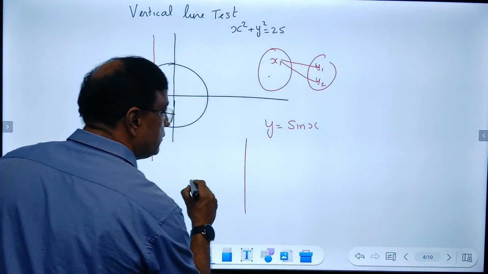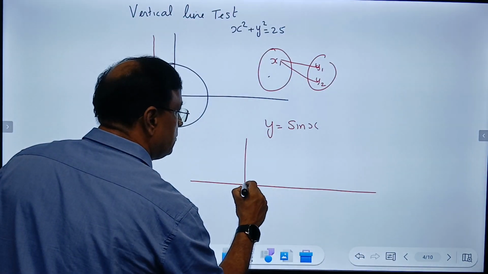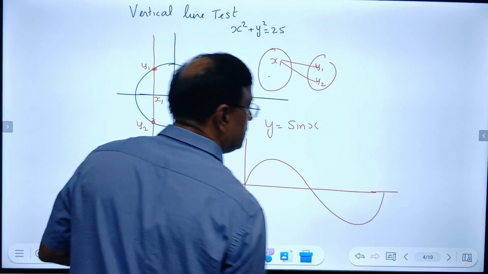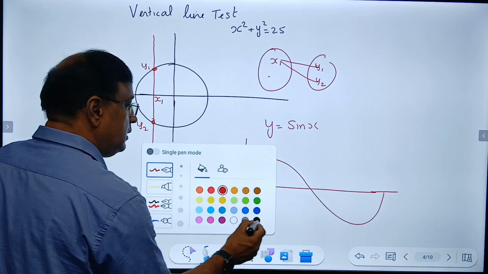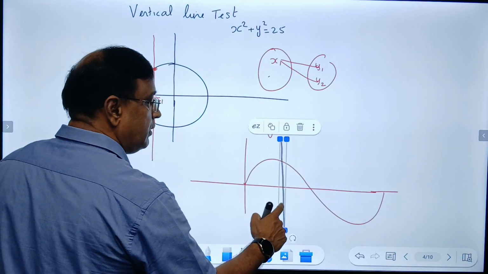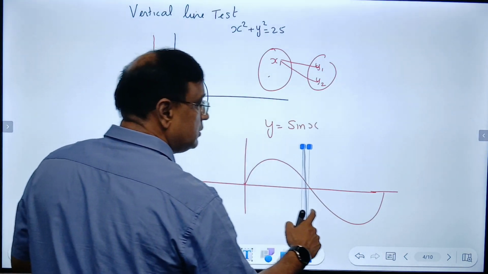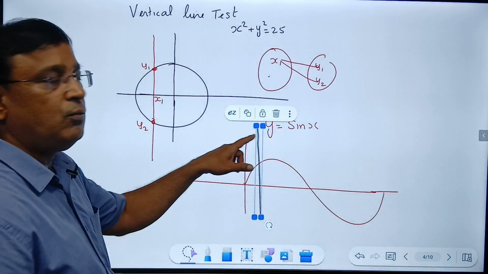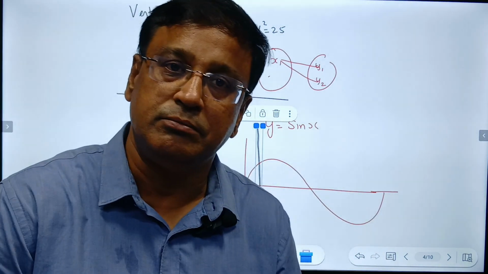I'll just take one branch of it. Now if I draw a vertical line and move it wherever I want, it intersects the graph at only 1 point. Therefore, y equal to sin x is a function.